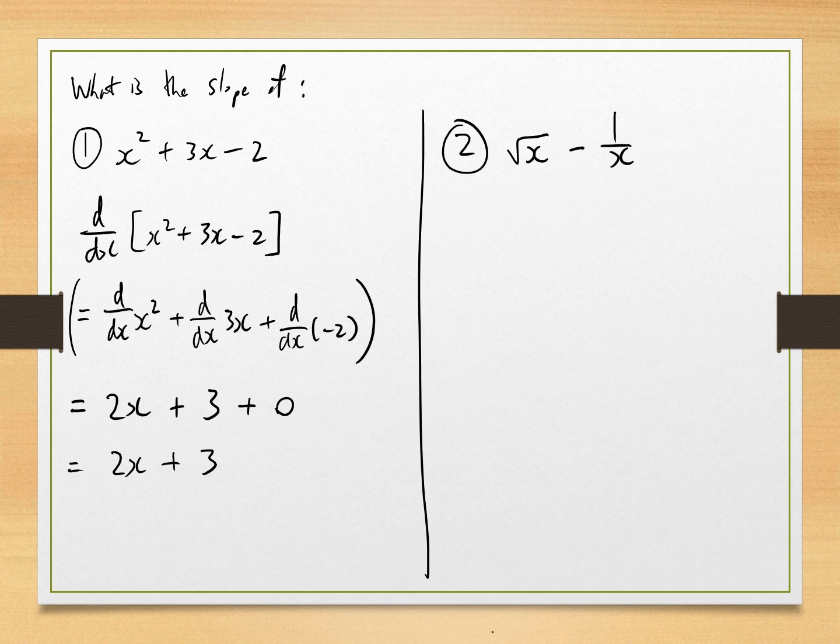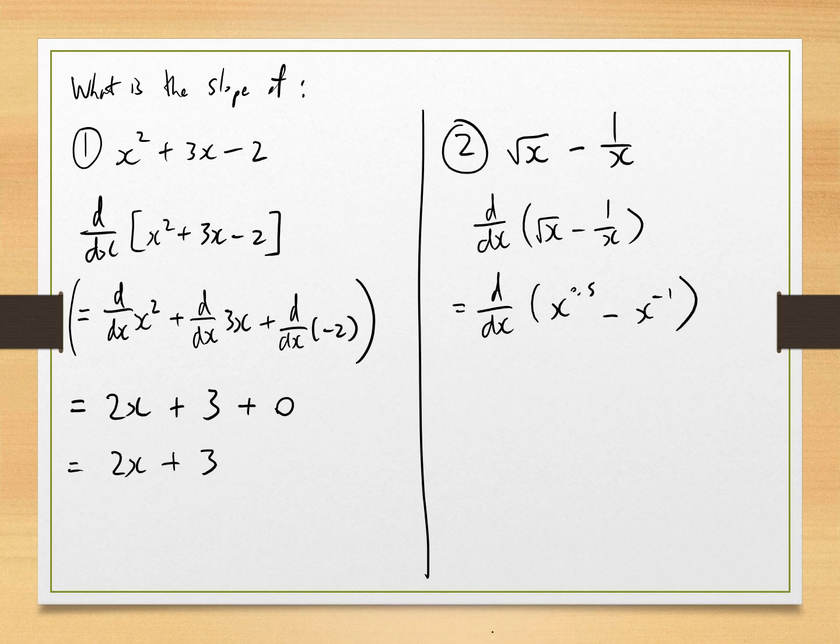Well, we don't specifically have rules for them, but do you know that the square root of x equals x to the power 0.5, and 1 over x is x to the power -1, right? So you can use the power rule. So the power rule works for all of them.